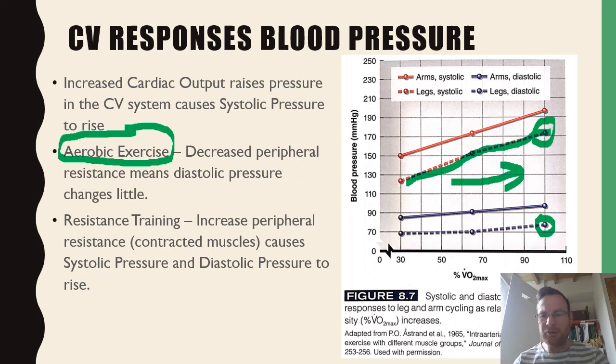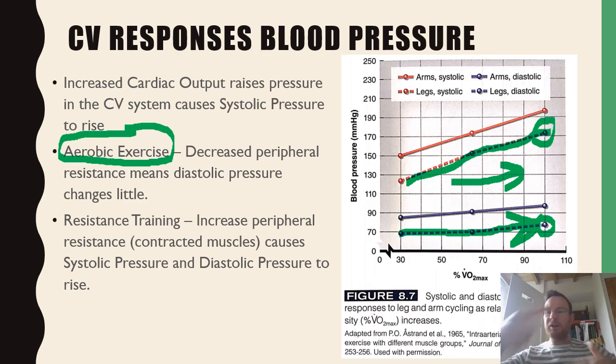What we see at the bottom is not a great increase. This is the diastolic pressure, the pressure in the system when the heart is relaxing, when it's refilling. The theory is that with aerobic exercise we don't see giant increases in diastolic pressure because there's not much resistance in the muscles.